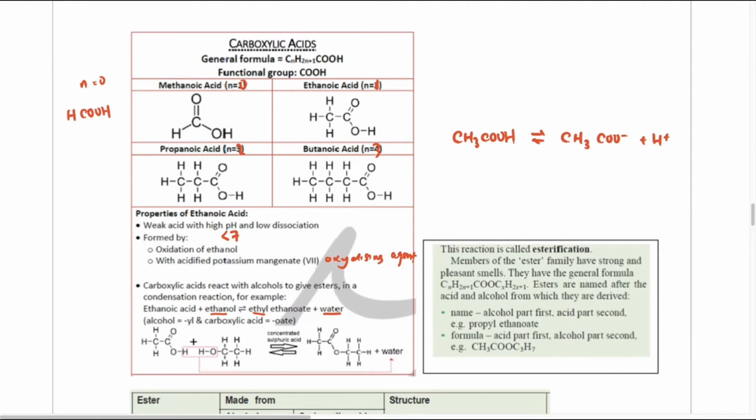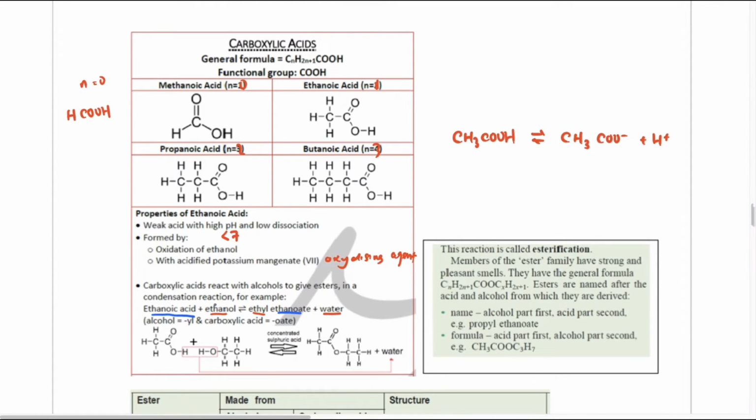So let me put a different color. So ethanoate comes from the carboxylic acid. If this carboxylic acid is propanoic acid, then this one you have to change to propanoate. If the alcohol is, let's say, methanol, then here you have to change to methyl.